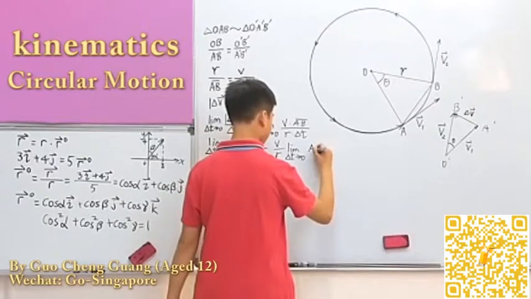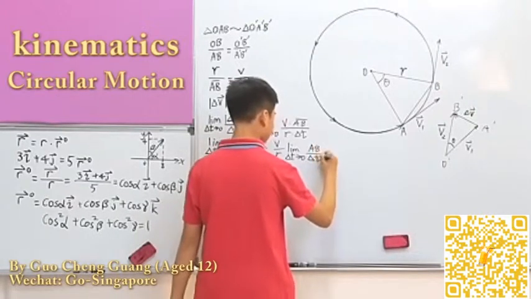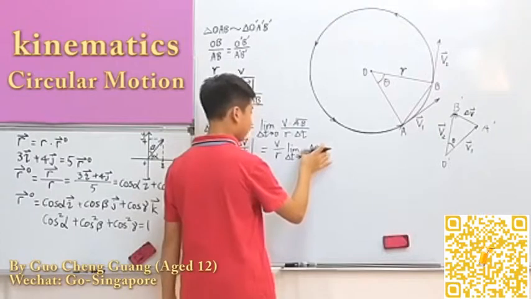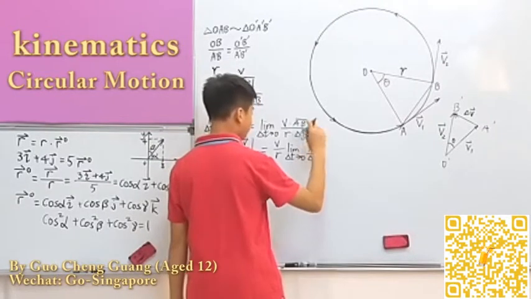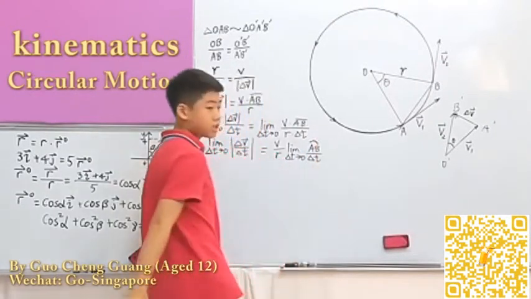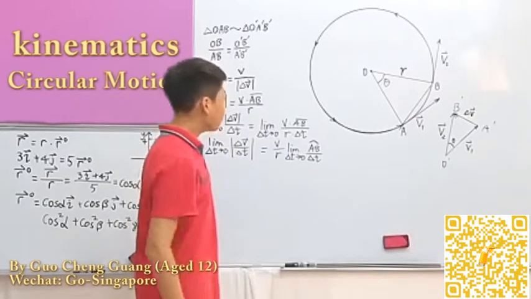But this AB here, right now, we can either take it as the chord, or we can also take it as this arc here. How is it possible that we can take it as chord, we can take it as the arc?